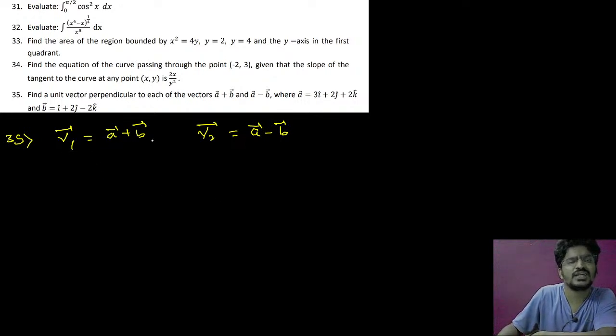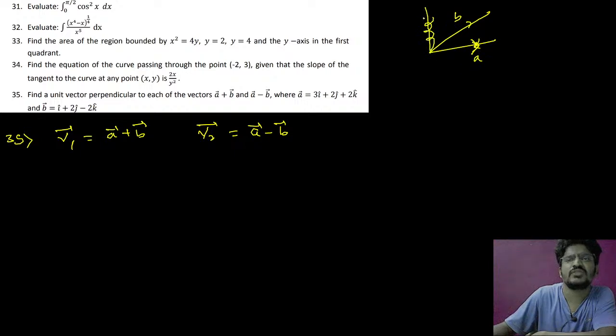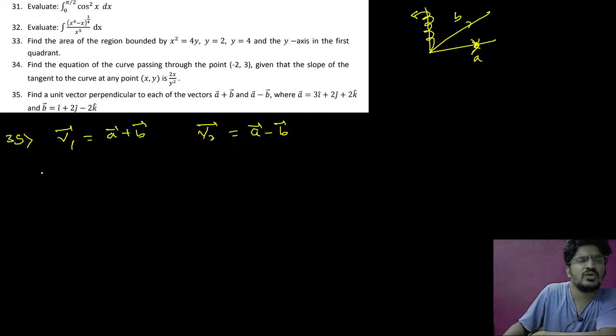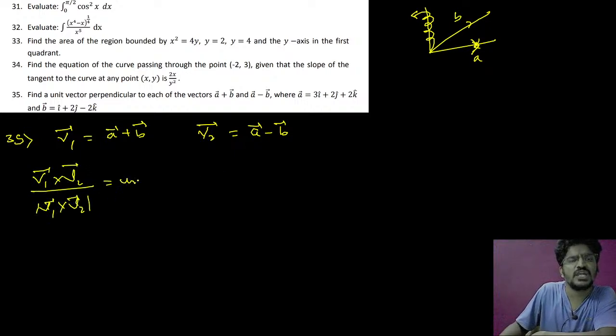Now as I said, we have to go through the cross product, and this is the perpendicular vector. If you want to find the unit vector, you have to find v1 cross v2 divided by mod of v1 cross v2. This is the unit vector.